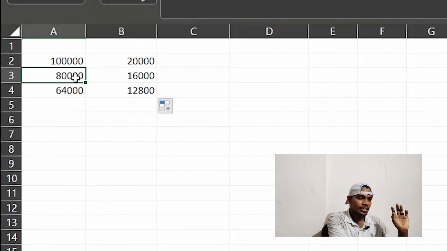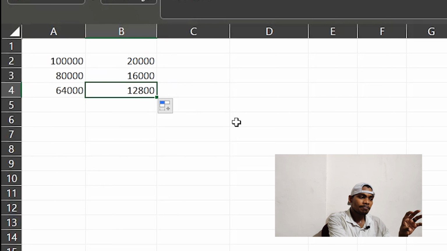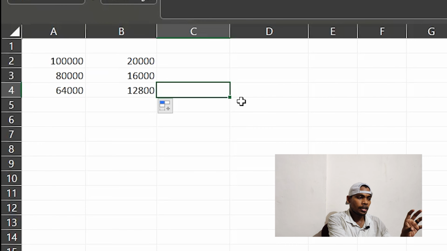In the second trade we are giving 16,000, and in the third trade we are giving just 12,800. So this means we are not giving equally balanced exposure. So that's why I don't like this core equity model type of estimating the equity capital.